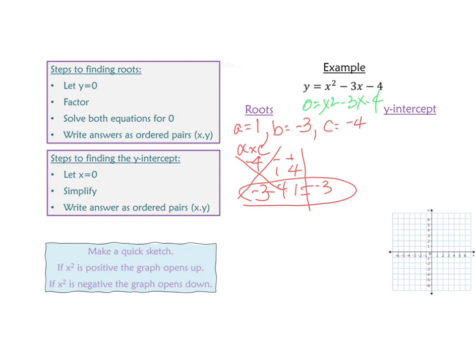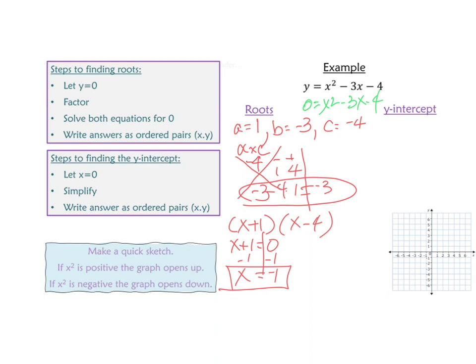So negative 4 and 1 are our factors. So we've got x plus 1 times x minus 4. And to solve for our factors, we make them equal to 0. x plus 1 equals 0. What plus 1 equals 0? Negative 1 plus 1 equals 0. But if you're not sure about that, you can always just solve it like we've been doing since the beginning of the year.